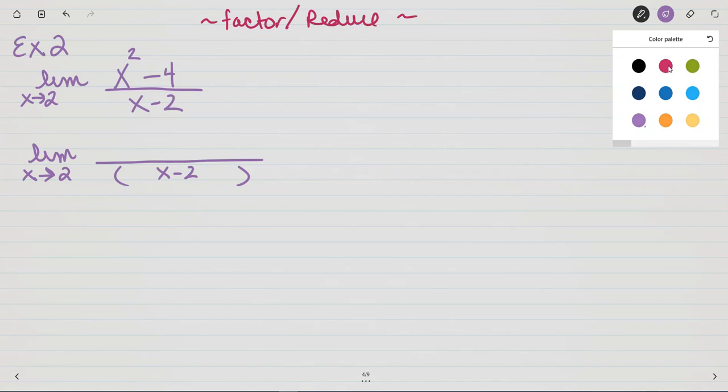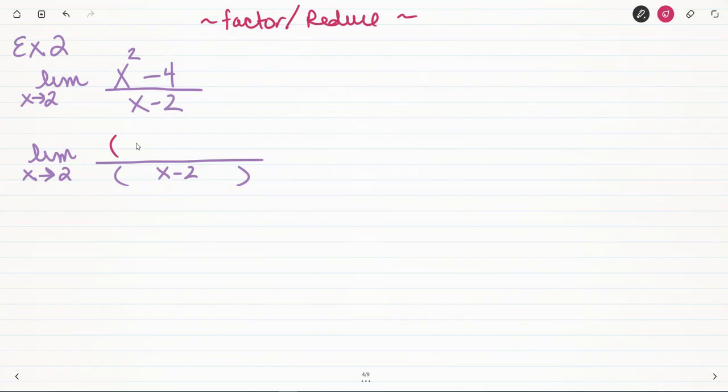We're going to factor this x squared minus 4 using the difference of two squares. You get x minus 2 times x plus 2. And then you'll notice that the x minus 2 over x minus 2 reduces to 1, because x minus 2 over x minus 2 is just 1.